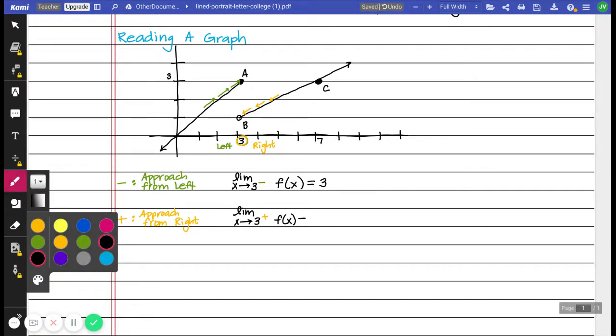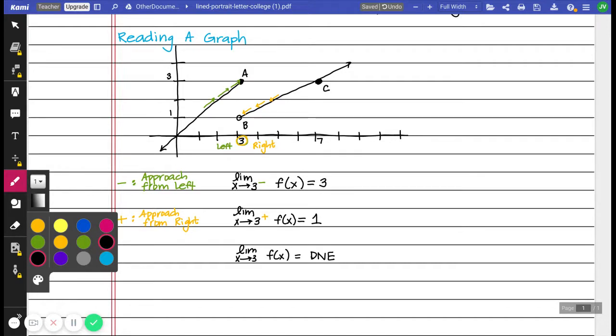And now my y value, or the value of my graph, is right around 1. So I come from the left, and my graph is headed toward 3 for a y value. If I come from the right, my graph is headed toward 1 for a y value. So all in all, as my graph approaches 3 for this particular function, the limit does not exist because the two sides don't match.